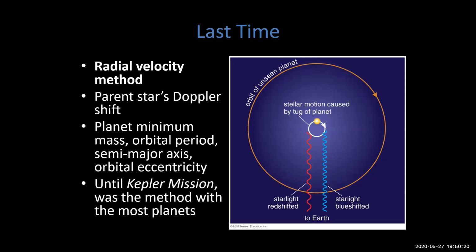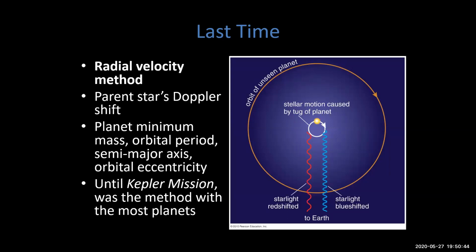Because we know its orbital period, we also know its semi-major axis, so we know how far away it is from its star as well. And we get its orbital eccentricity, so we know how elliptical its orbit is. We know if it's very, very circular or if it's very, very elliptical, essentially.